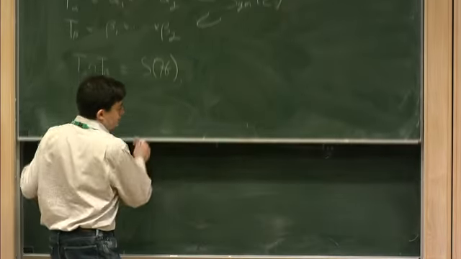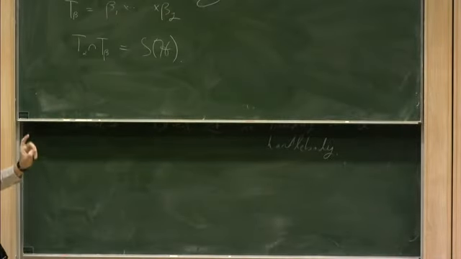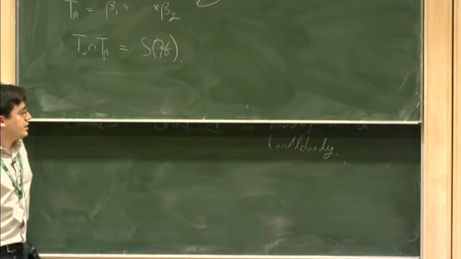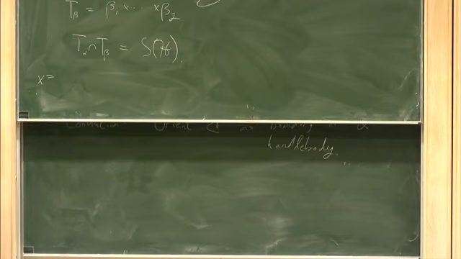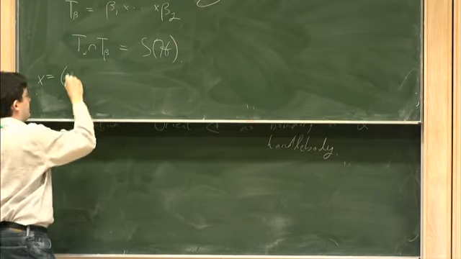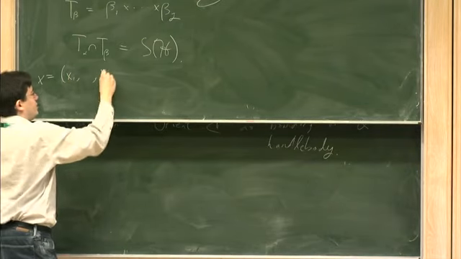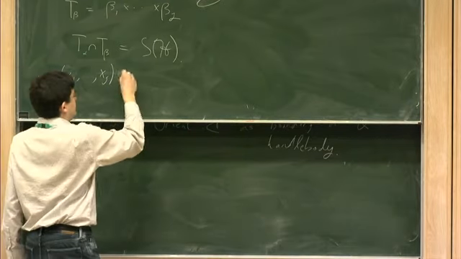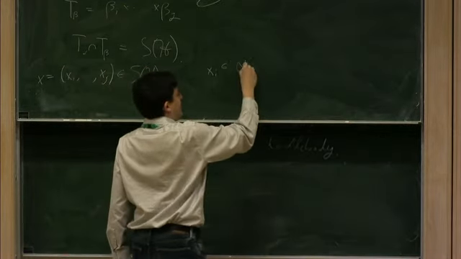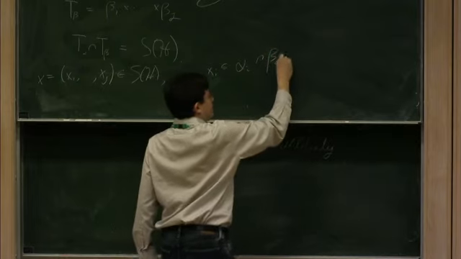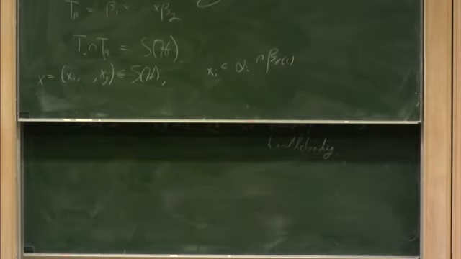Now, something that we should pay a little bit of attention to is the following. If x is equal to a tuple x1 through xg in S of h, where xi is in alpha i intersect beta sub sigma of i, here's a nice little fact that we should state.